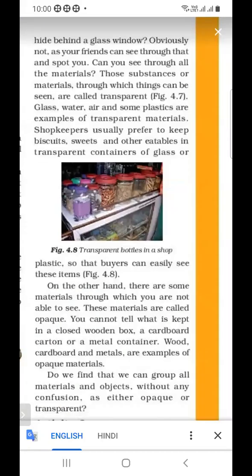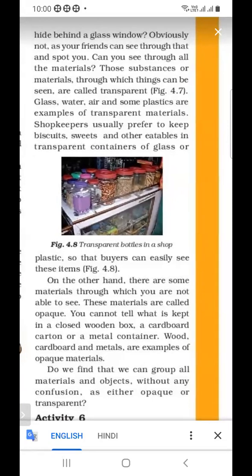So the next question is, why do we use transparent bottles in a shop? We put all the materials in the shop. We use transparent bottles as shown in figure 4.8. Why do we use transparent bottles and transparent containers?